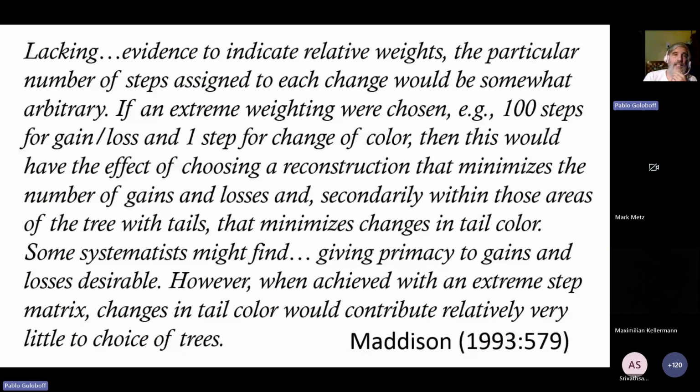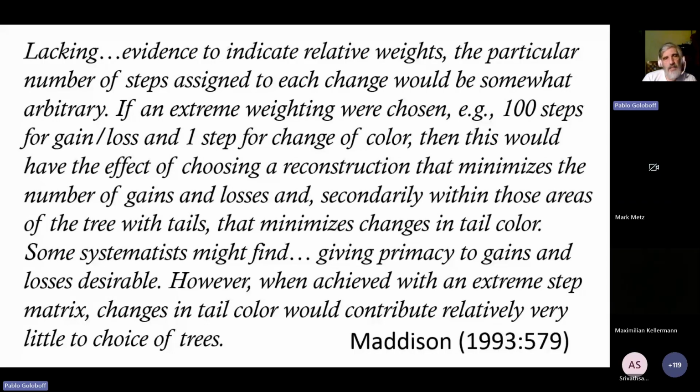He also said that lacking evidence to indicate the relative weights, the particular number of steps assigned to each change is going to be somewhat arbitrary. If an extreme weighting were chosen, for example, 100 steps for gain or loss of tail and only 1 step for change of color, then this would have the effect of choosing a reconstruction that minimizes the number of gains and losses, and secondarily within those areas of the tree with tails minimizes changes in tail color.